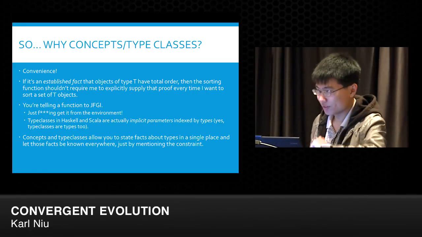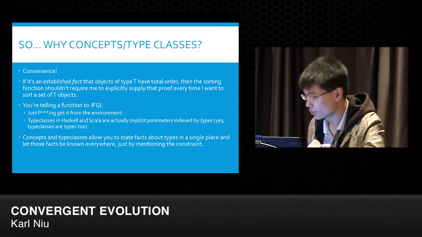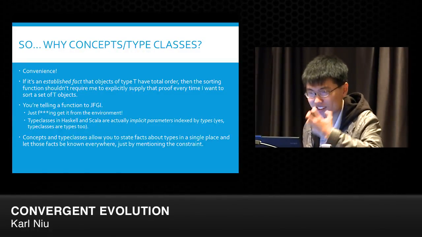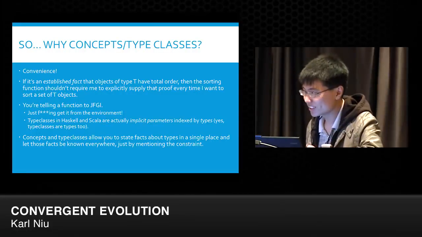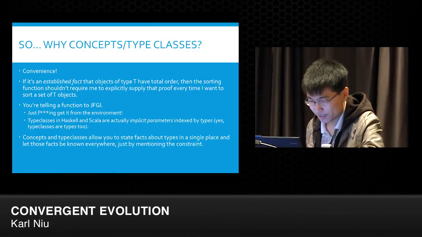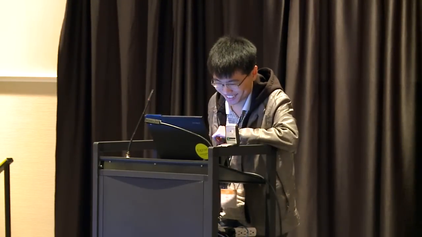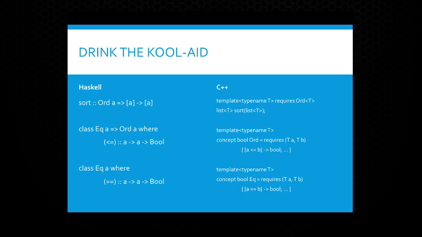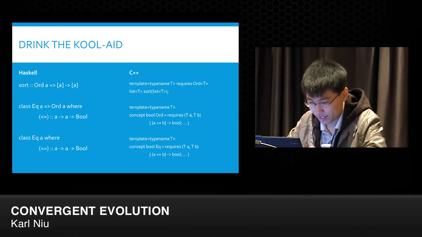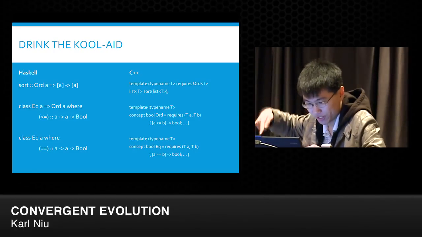Now, of course, every time people bring up concepts, they say, oh, we want to simplify template errors, and that's nice and all, but the more theoretical way is how I'd like to think of it. It tickles the functional programmer in me. So if you drink the Kool-Aid, here's what stuff looks like. To the left is actually what Haskell libraries have. You have a sort function, it sorts a list, with an arrow.